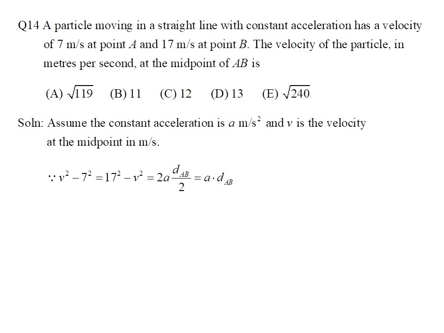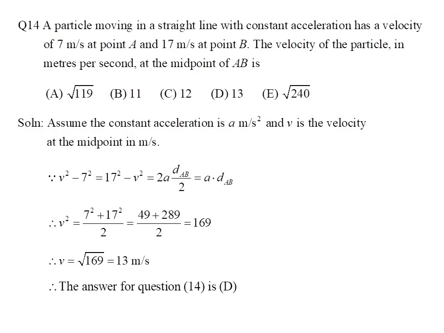Here, v squared minus 7 squared equals 17 squared minus v squared, which equals 2a times dAB over 2, which equals a times dAB. Accordingly, v squared equals (7 squared plus 17 squared) all over 2, which equals 169, which gives v equals 13 meters per second. Therefore, the answer for question 14 is D.